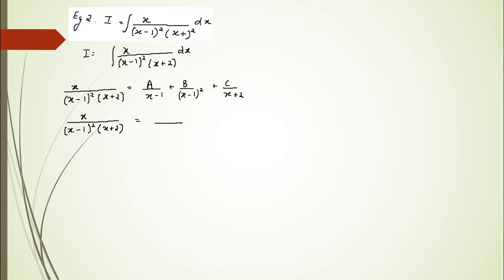Now when I take the LCM on the RHS, I'll get x minus 1 whole square into x plus 2, and in the numerator I'll get a into x minus 1 into x plus 2, right, plus b into x plus 2 plus c into x minus 1 whole square.